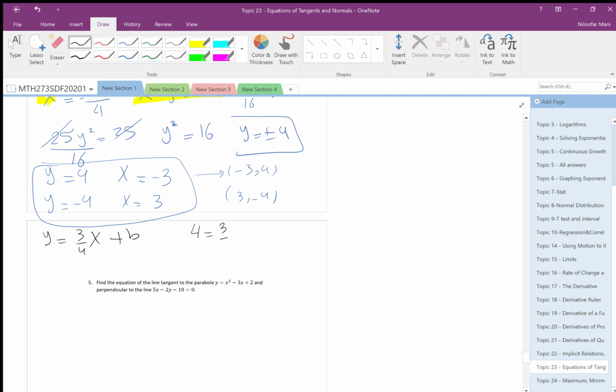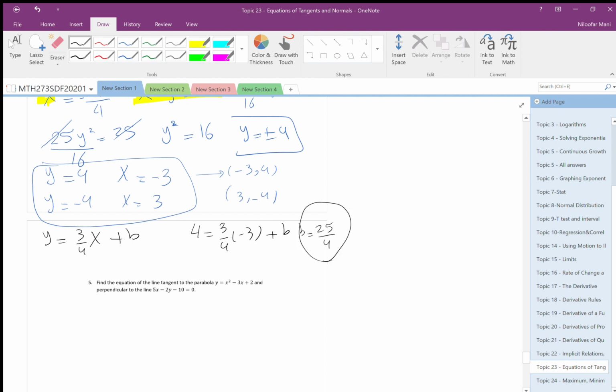I can do 3 over 4 times minus 3, and I can find b. B should be minus 9 over 4. So I can take it to the other side. It's 9 over 4 plus 9 over 4, and it's going to be 25 over 4. So b is 25 over 4.